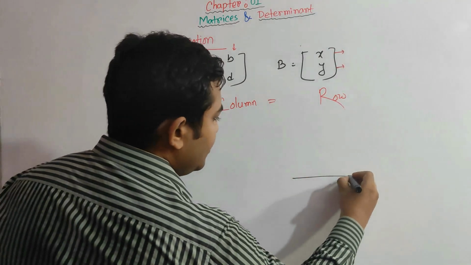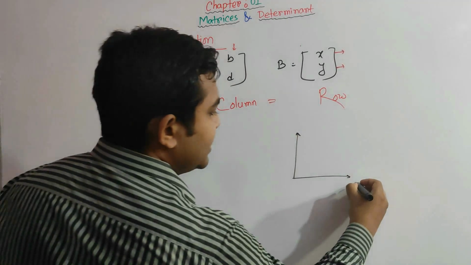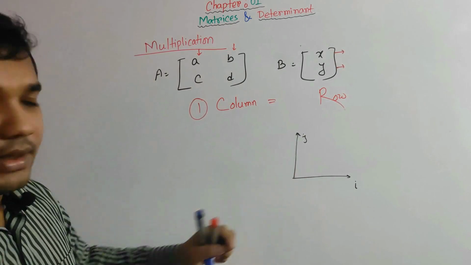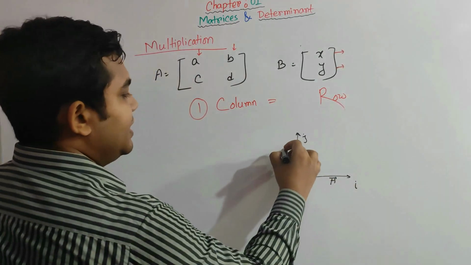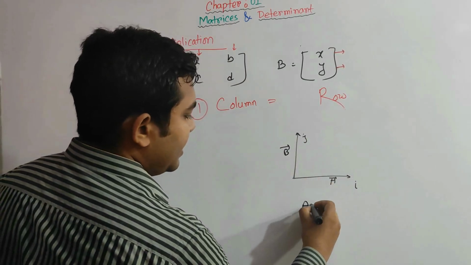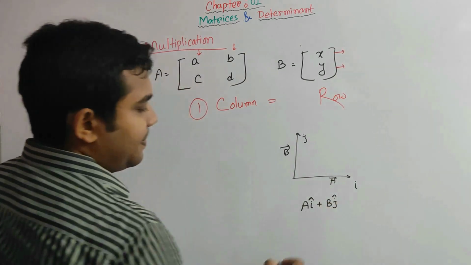Suppose we are thinking in a 2-dimension part. Suppose this is our y-axis, and this is our z-axis. In the case of a vector, it should be ai plus bj.